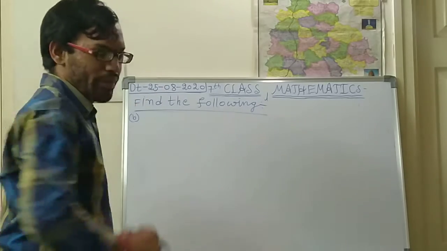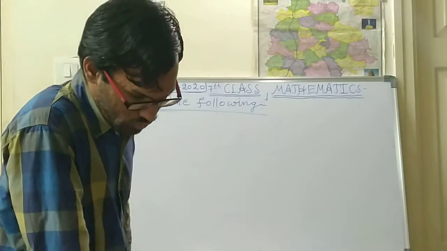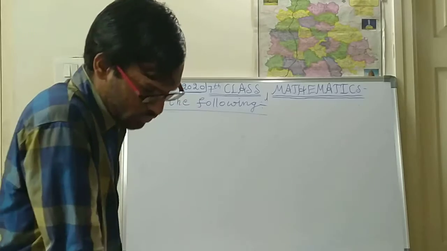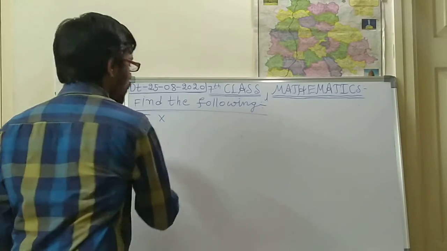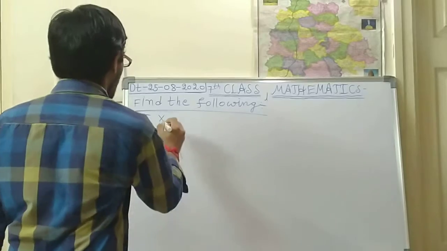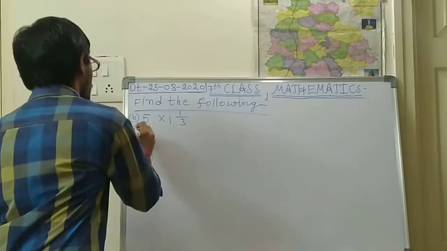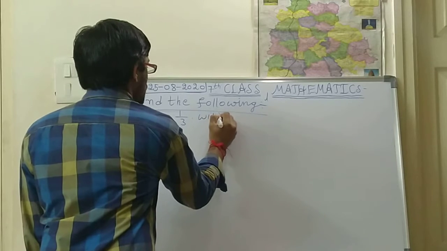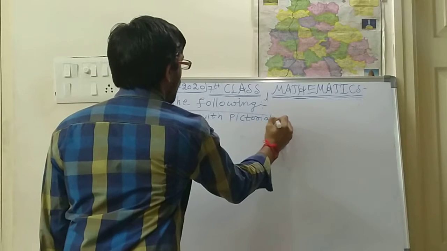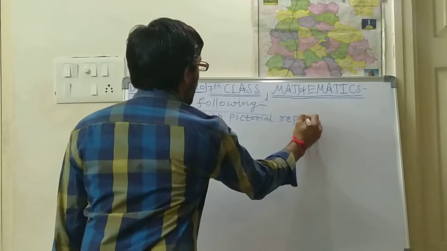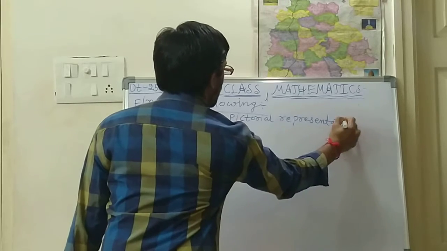B problem with the pictorial representation: 5 into 1 by 3, with the pictorial representation. They will be asking like this.